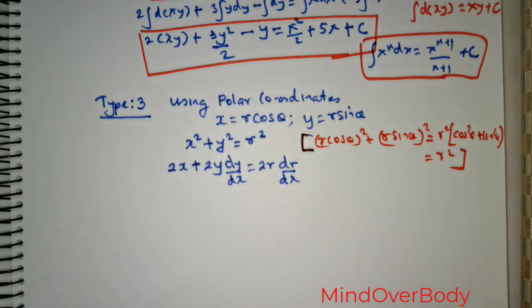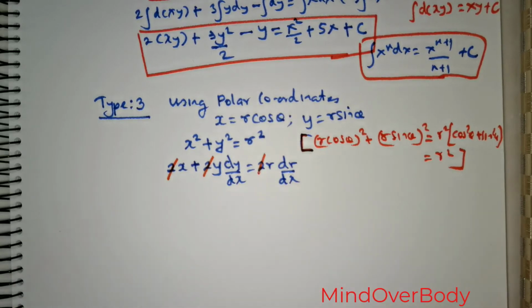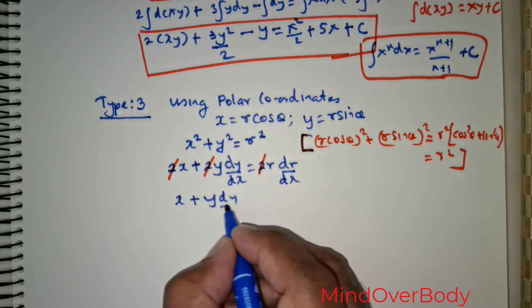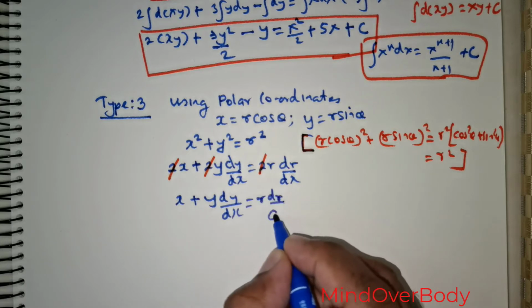Now I can clearly cancel the 2 that you see here, and that would give me x plus y times dy over dx is equal to r times dr over dx.